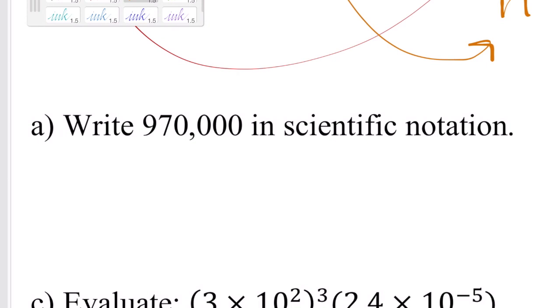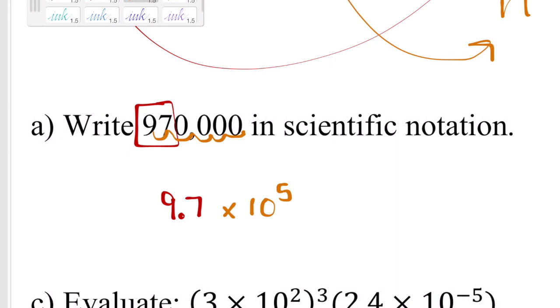970,000 in scientific notation. So I see at the very front, I have a 9 and a 7. Again, I want this to be smaller than 10, so 9.7 is smaller than 10, but larger than 1. And then that means I would have moved my decimal 1, 2, 3, 4, 5 places, which means I have x to the 5th power.